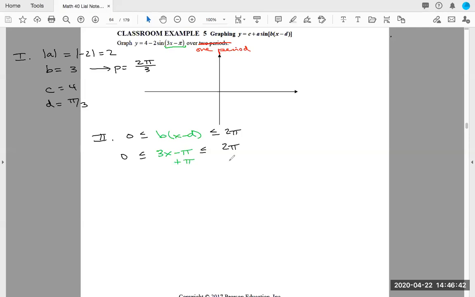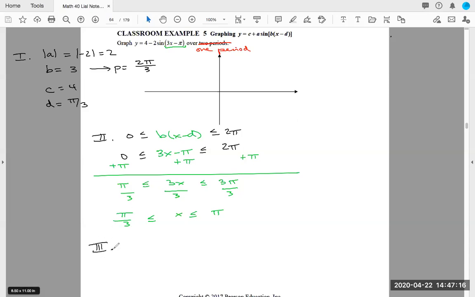You're going to add pi to both sides, and then you are going to divide by 3.